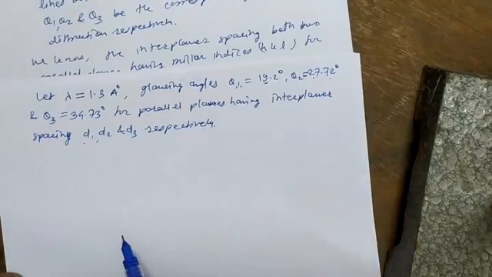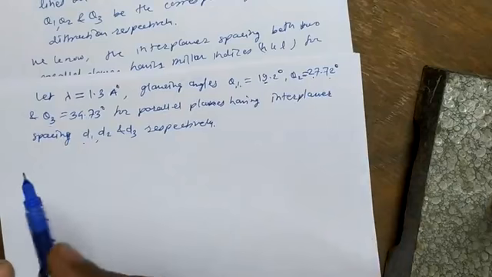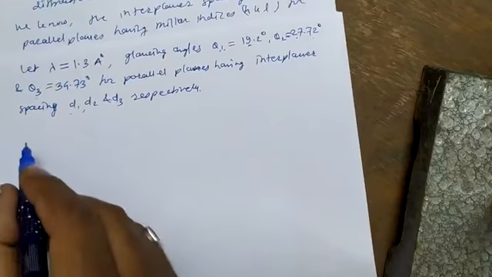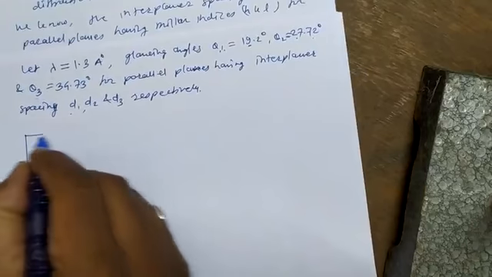Now to find the constant, let's consider a tabular form like this.